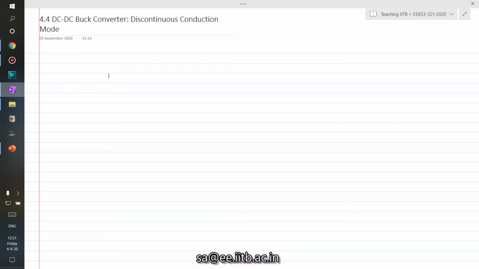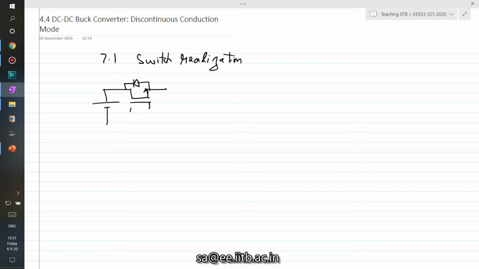So in our last video, which was video number 7.1 on switch realization, we saw that if you want to realize the switches of a buck converter using MOSFETs, diodes and so on, it consists of a MOSFET M1 and a diode D2, an inductor, a capacitor, and a load resistance.